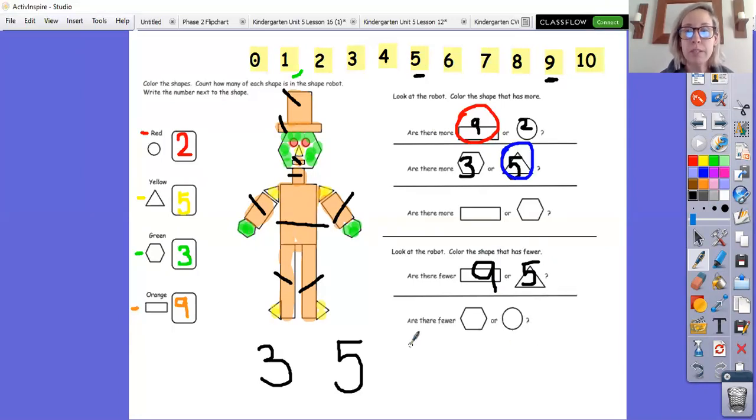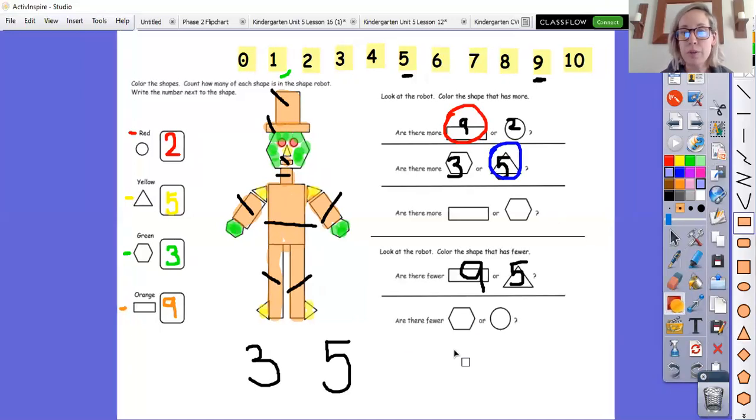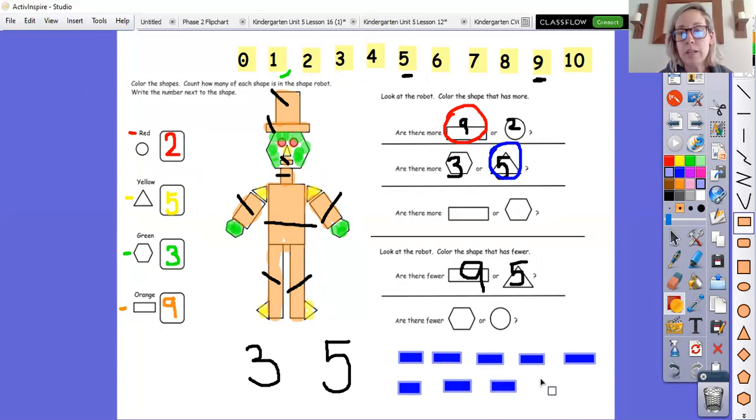So if I had 9 rectangles, here, let me do 9 rectangles for you. 1, 2, 3, 4, 5, 6, 7, 8, 9, or if I have, whoops, 5 triangles, 1, 2, 3, 4, 5, which one is the smaller amount?